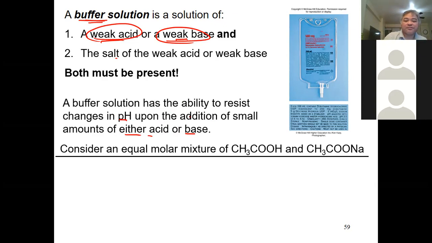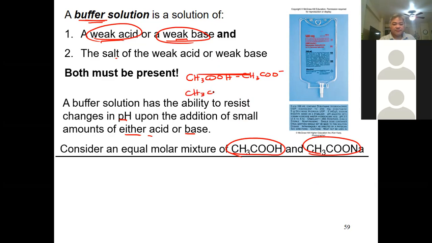So for instance, acetic acid and sodium acetate. How does it act? What are the species in this given system? So you have this one, which is the acid component, and this one. So anong ibig sabihin nito?